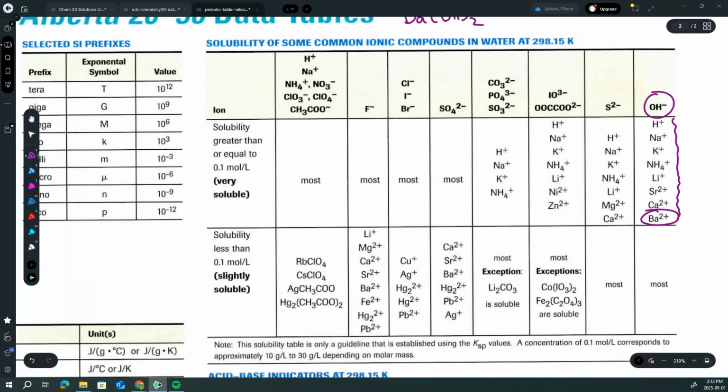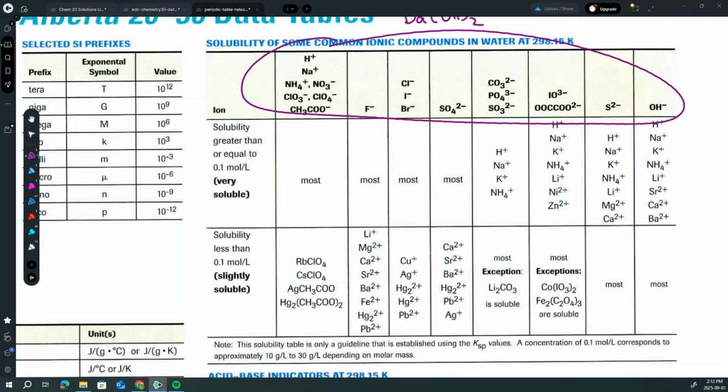Okay, but just to finish this example, if we didn't find barium hydroxide in this first row here, and if it did fall under the category of most, then it would only be slightly soluble, which we basically say is insoluble in water if you do find it in this last row here. Okay, so that's how you use this table.